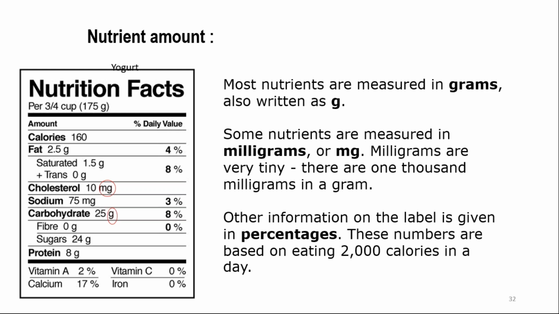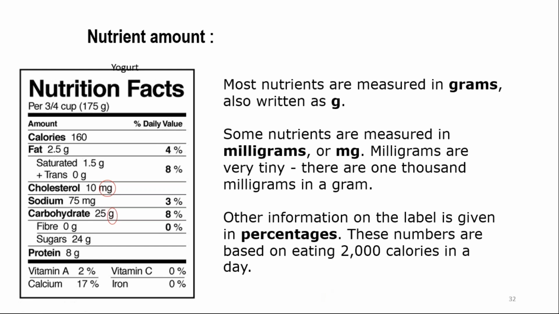You will also see that the panel gives you what is called percent daily value, and this is very important. In India, the percent daily value is calculated based on a diet of about 2000 calories, and this is for a normal individual.